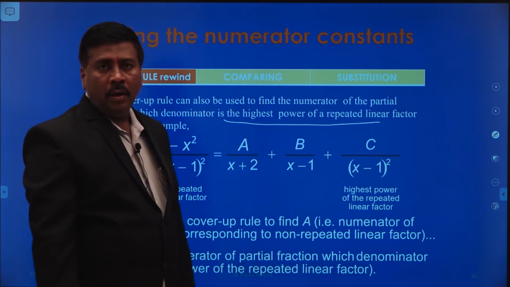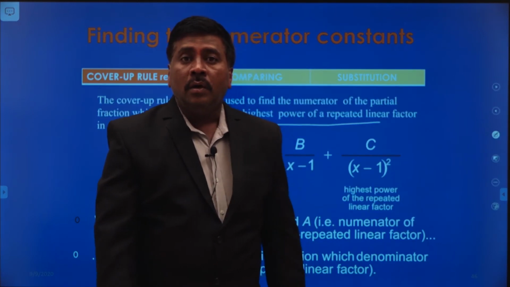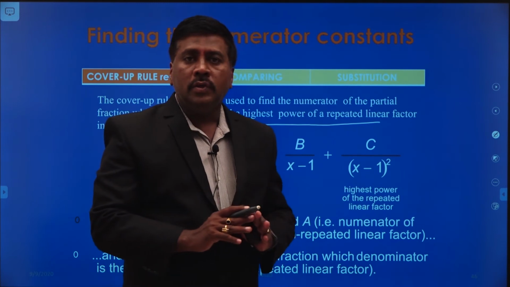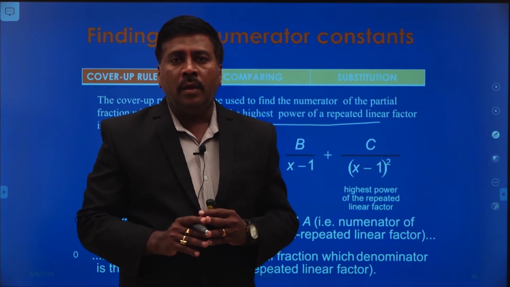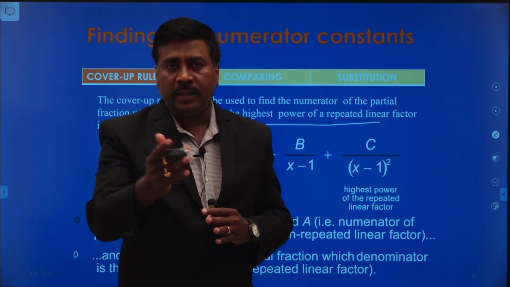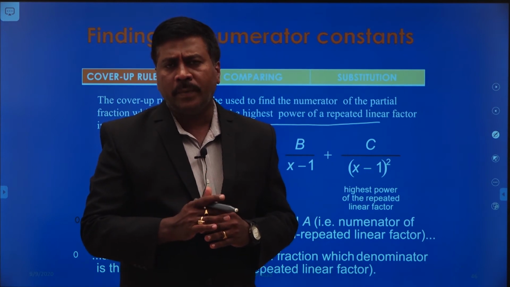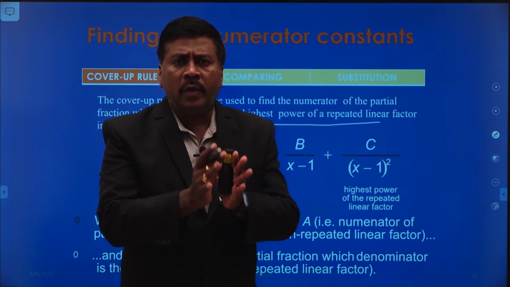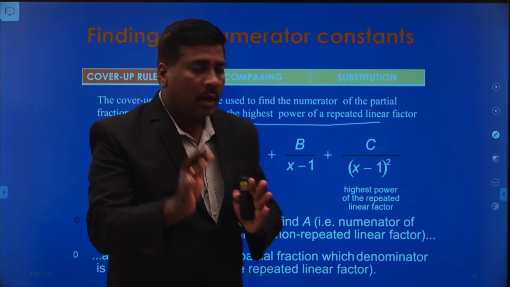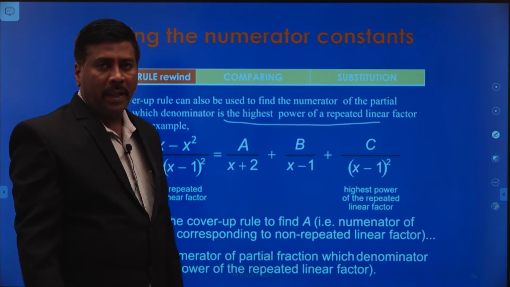For example, suppose the problem asks what is the value for C and what is the value for B, individually. From the competitive examination point of view, in the GATE exam or GRE, TOEFL, such types of exams ask like that. For competitive exams only, if the problems ask like that, then only the cover up rule is applicable. At that place only you have to apply the cover up rule.